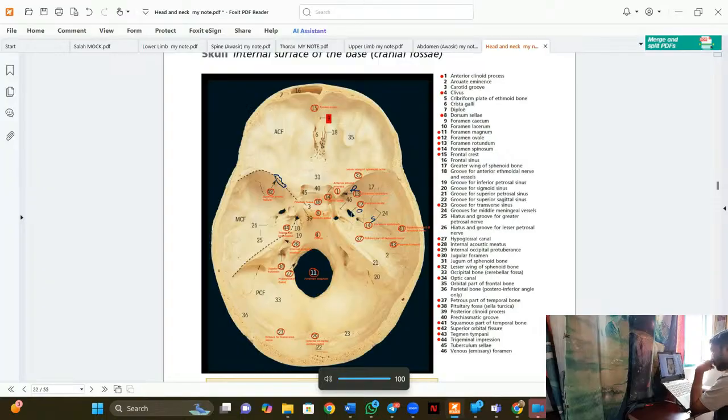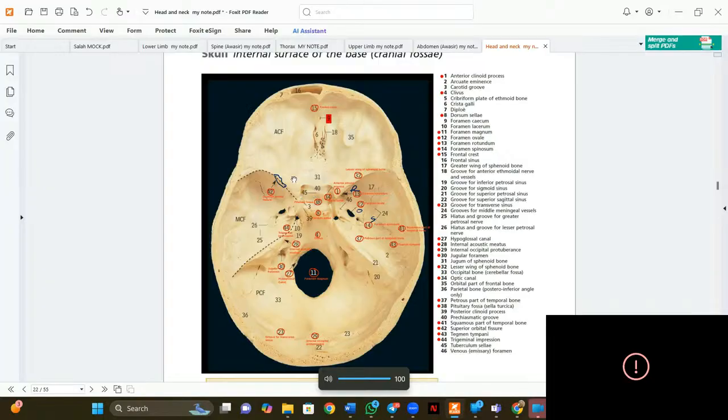13 foramen rotundum. 14 is foramen spinosum. 15 is frontal crest. 23, is that transverse?